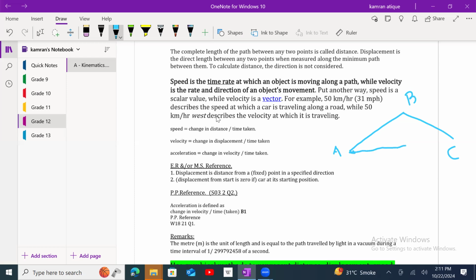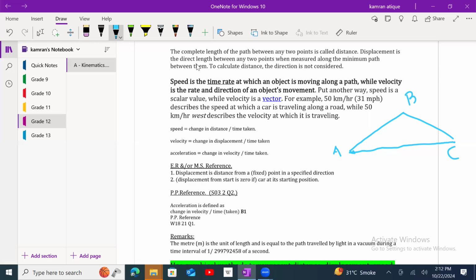If we have a helipad at town A and a helipad at town C, we can directly go from A to C. This will be called the displacement between A and C. Very easy concepts. We already did it in O levels, so I'm not going to spend more time on it, and I want to progress further just by repeating the definitions.